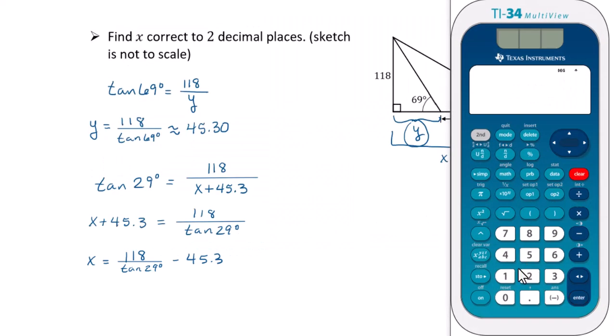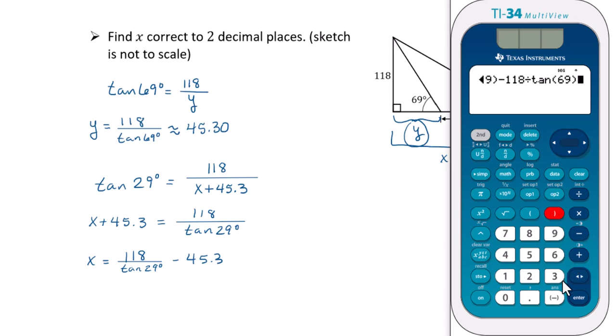So I'm going to input 118 divided by the tangent of 29 degrees, and I'm going to subtract that 45.3, which was actually 118 divided by the tangent of 69 degrees.